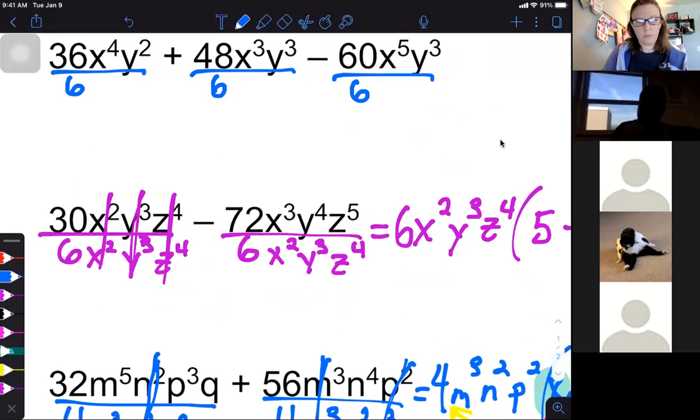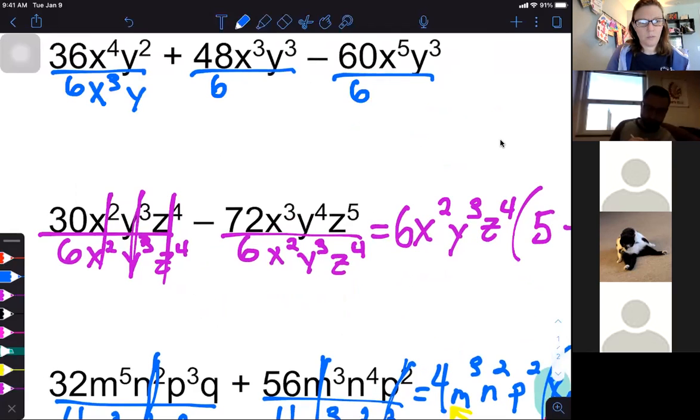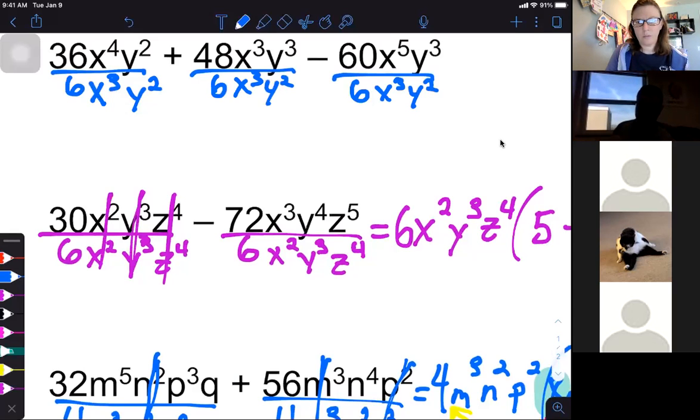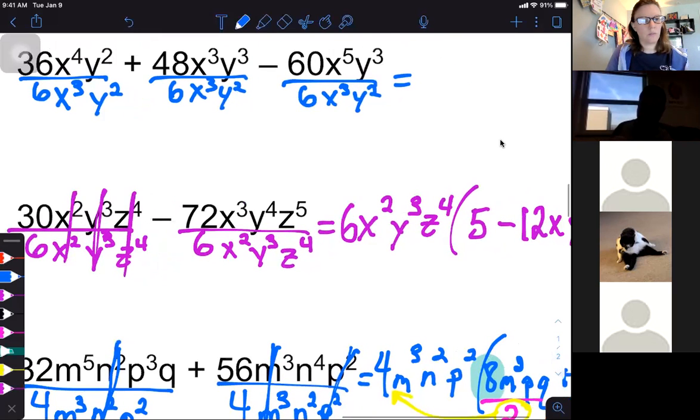And then how many X's, how many Y's are you for your GCF? X cubed and Y squared. Awesome. All right, so I'm going to rewrite it. And then I want you to go through, we'll go through each term, and I want you to tell me what crosses out for each term.